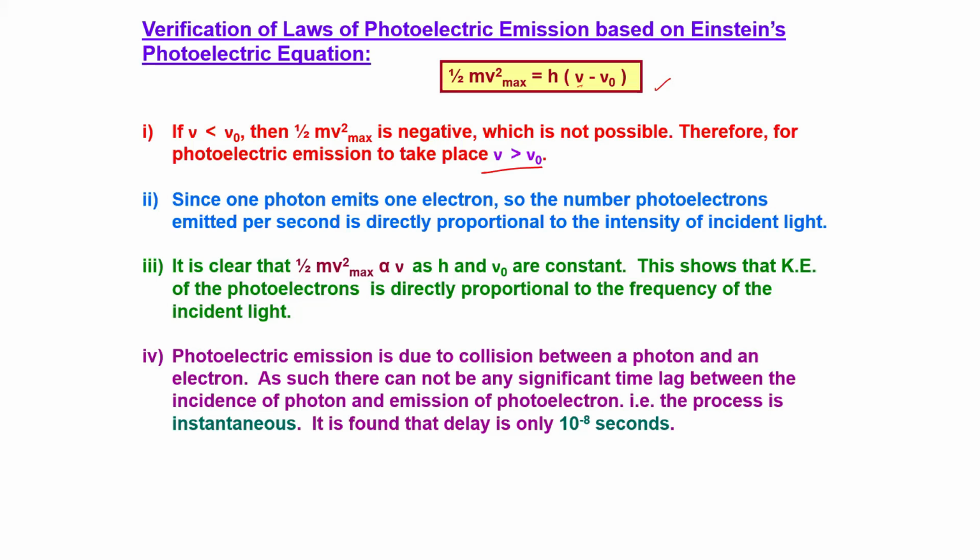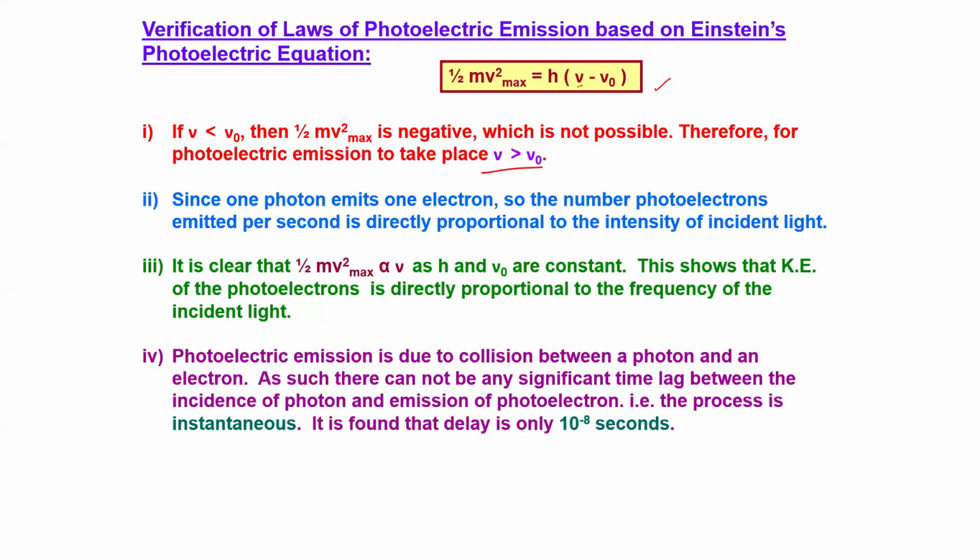From Einstein's equation, we can write half m v square is directly proportional to nu, which means the kinetic energy of the photoelectron is directly proportional to the frequency of the incident light.